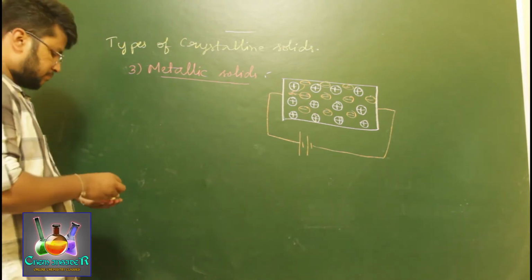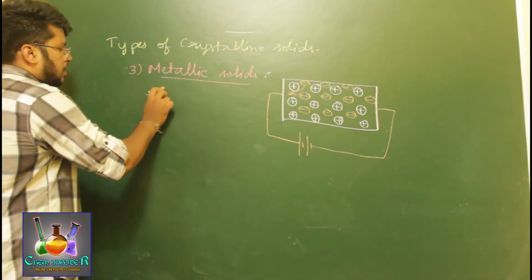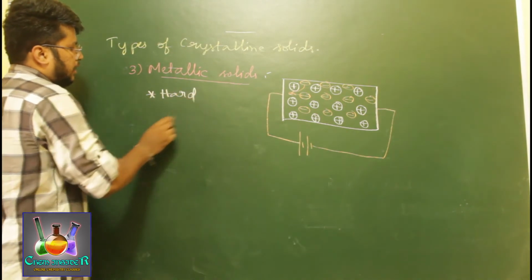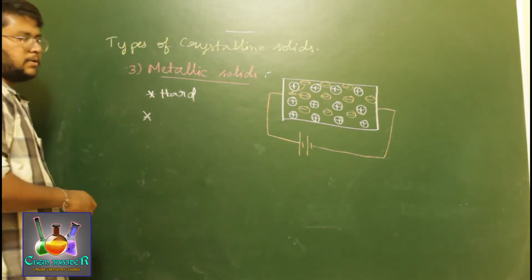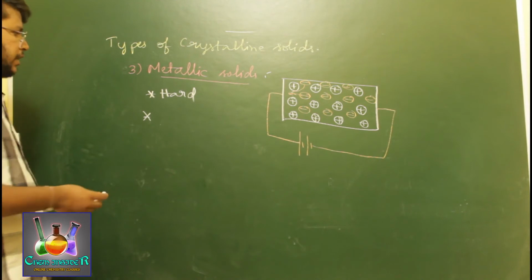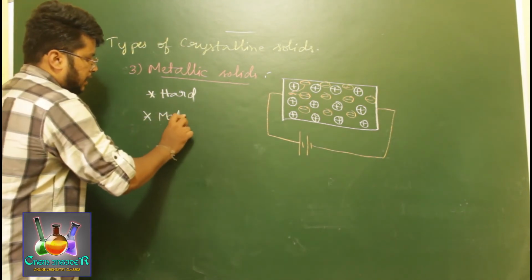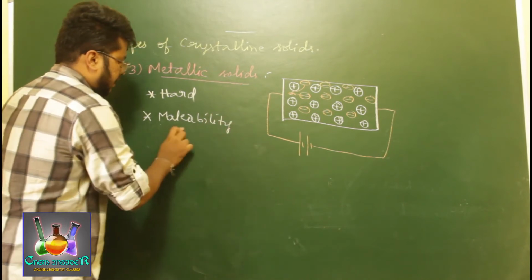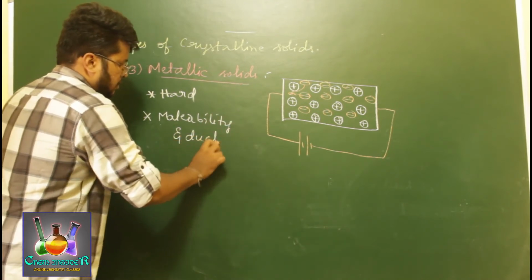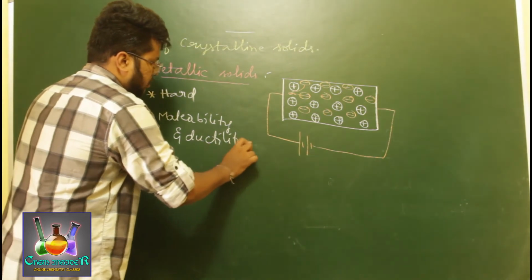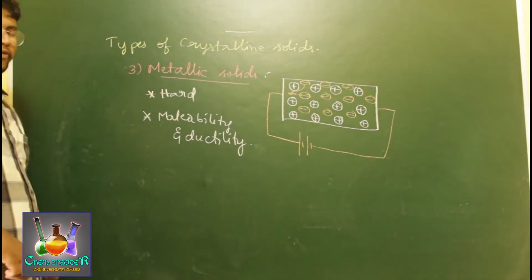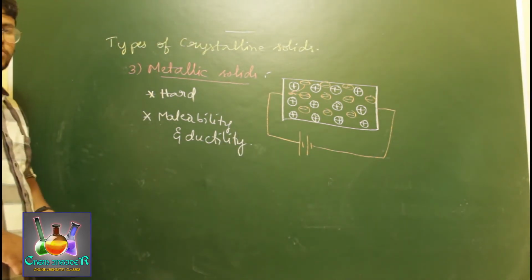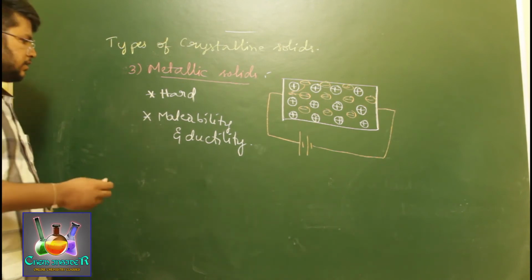These metals are hard and can be converted into any shape, like a thin sheet or a thin wire. That is known as malleability and ductility. Malleability is the process of converting a metal into a very thin sheet, and ductility is the process of converting a metal into a very thin wire.